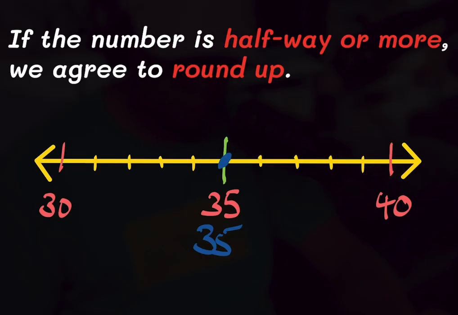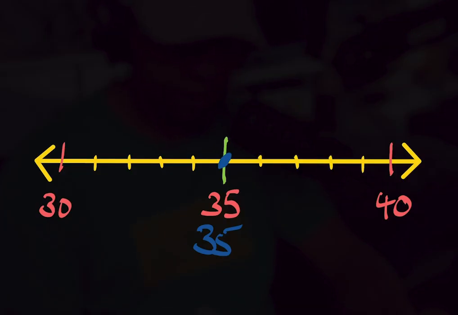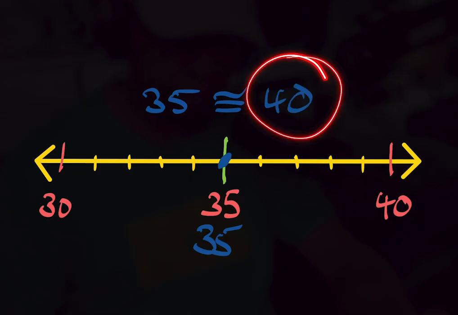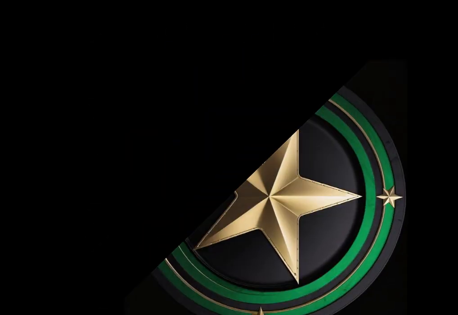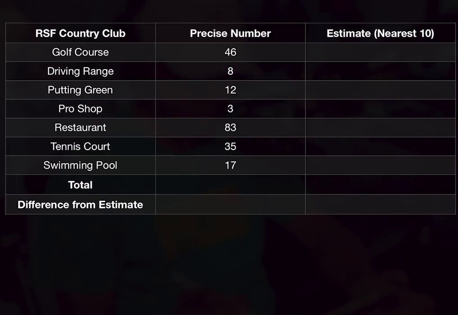Halfway or more, we round up. This means that 35 rounds to 40. Filling in the chart so far, 46 rounds to 50, 3 rounds to 0, and 35 rounds to 40.